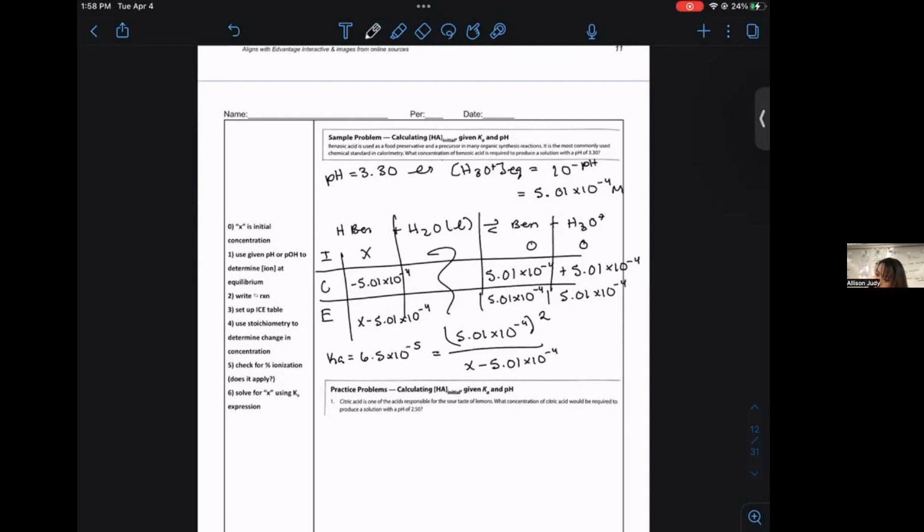I would solve then for x, and x is equal to 4.4 times 10 to the negative 3 molarity.